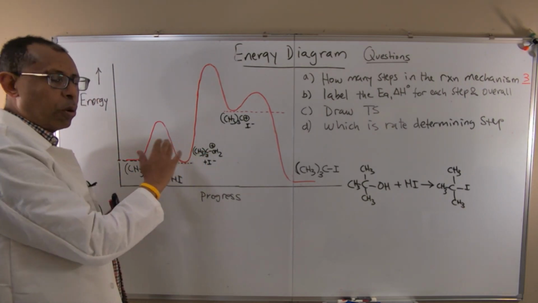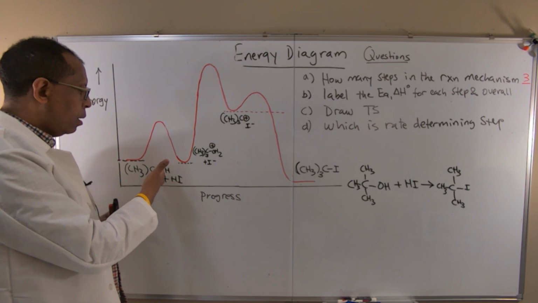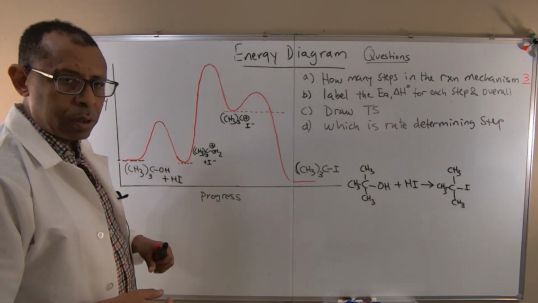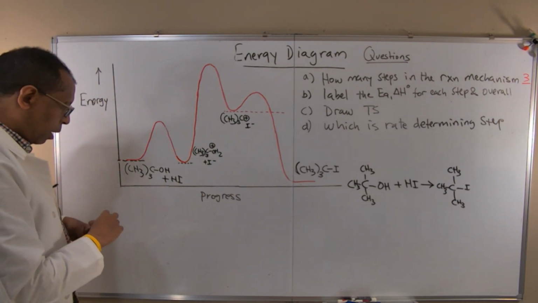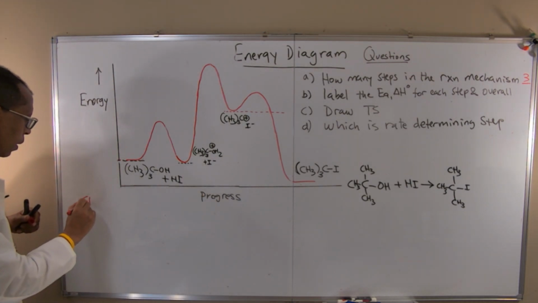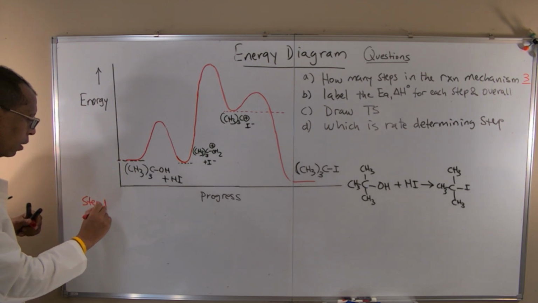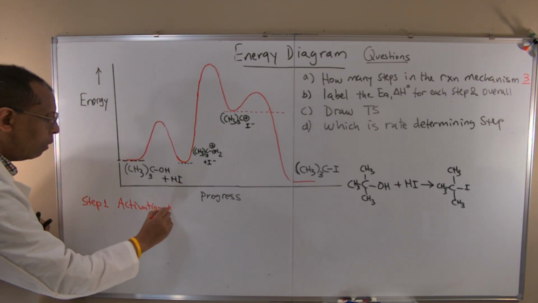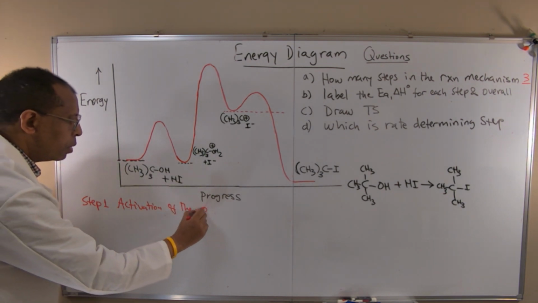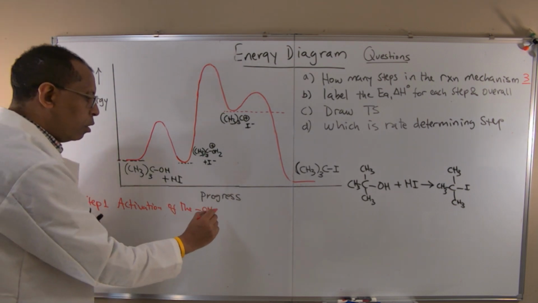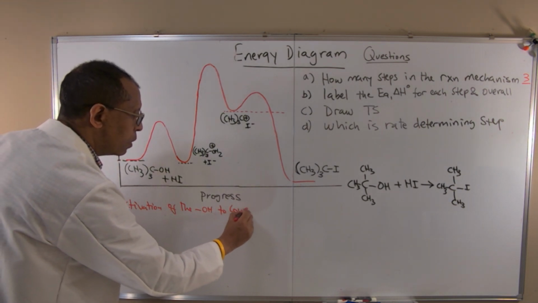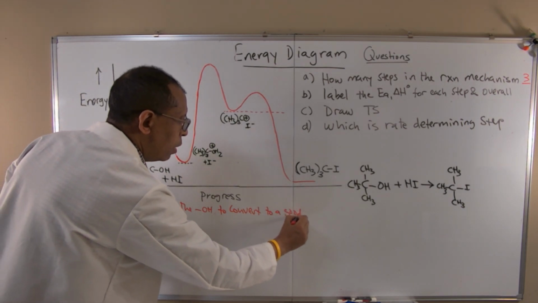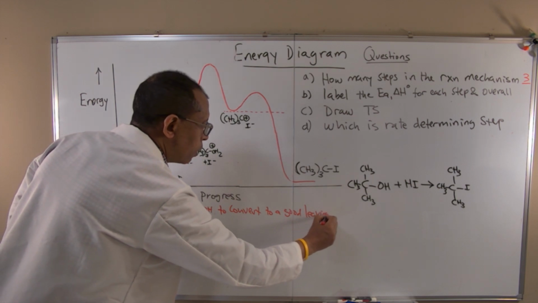The strong acid would protonate that OH, converting it into OH2 plus, which immediately leaves as a water molecule. So step 1 of this reaction is activation of the OH group, that's the alcohol group, to convert it to a good leaving group.